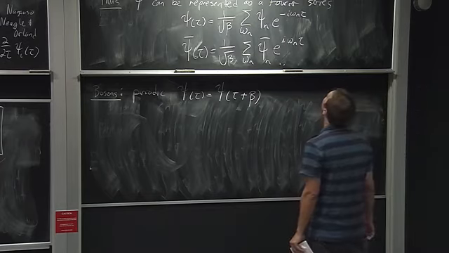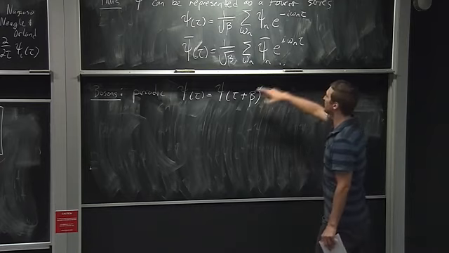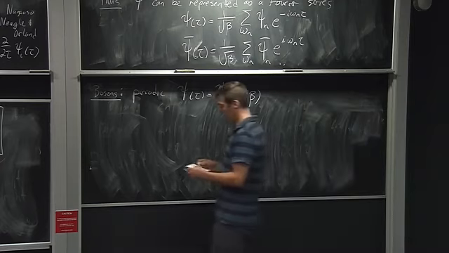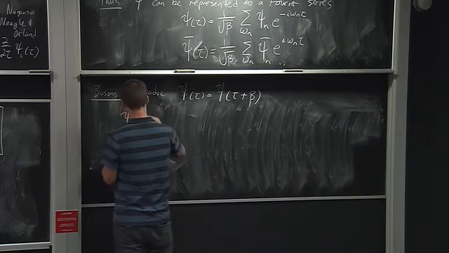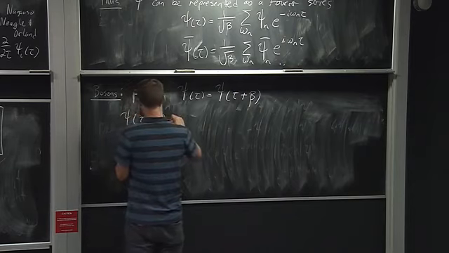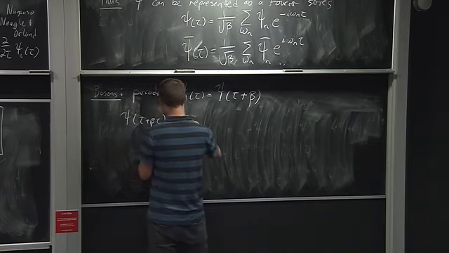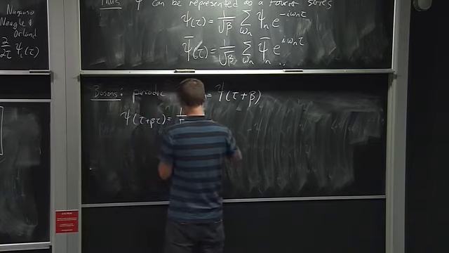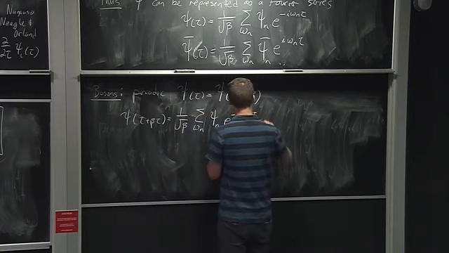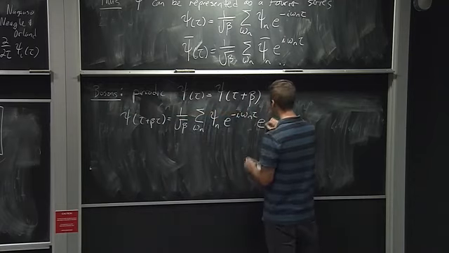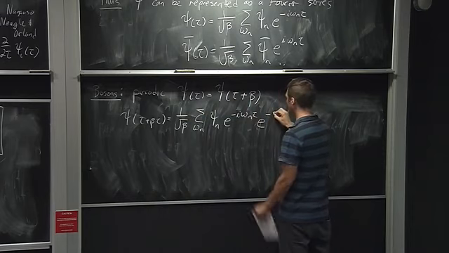And so all you do is insert that condition into the Fourier decomposition. Your exponential just splits into two, and then e to the minus i omega n beta.